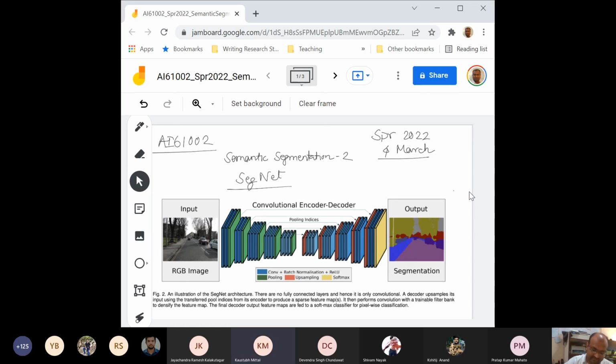Input to the unpooling layer, you mean? Yes, input to the unpooling layer. What will be the size of that? So 64 by 112 by 112.